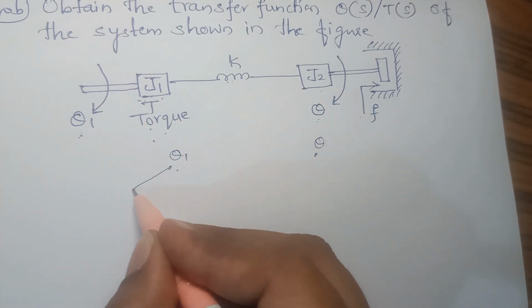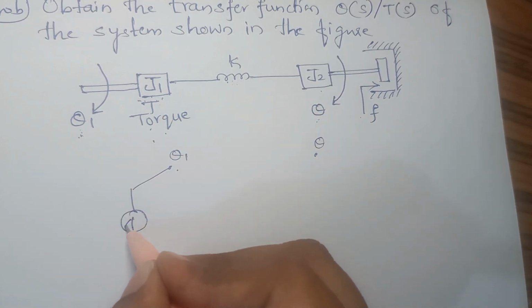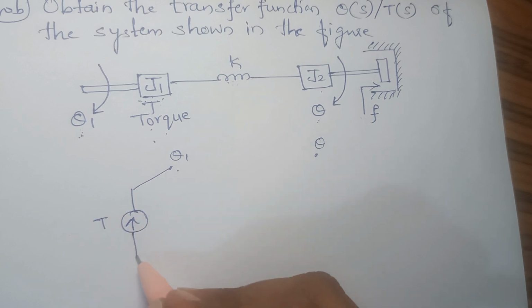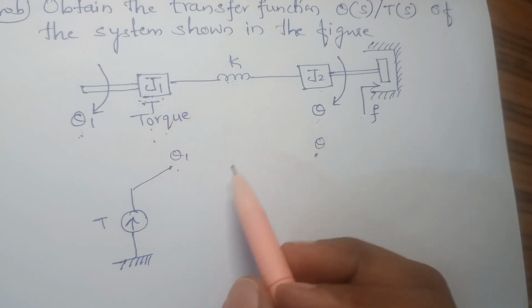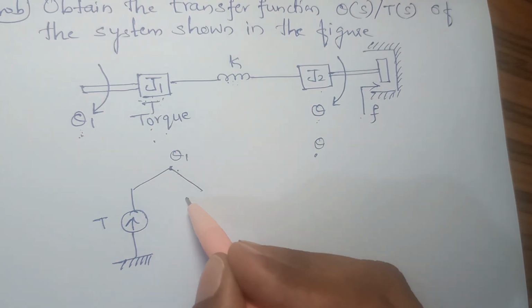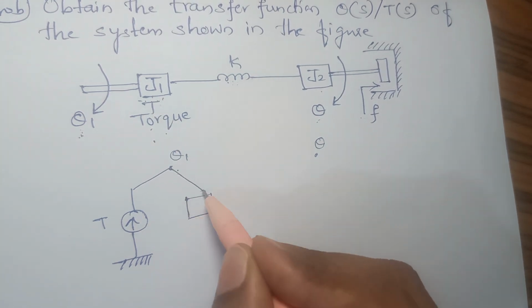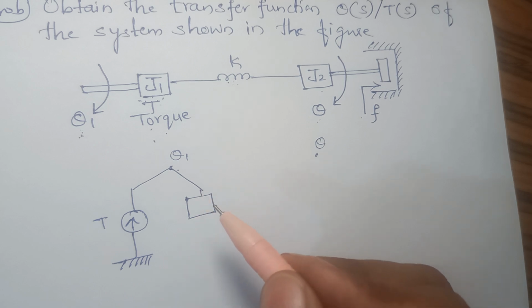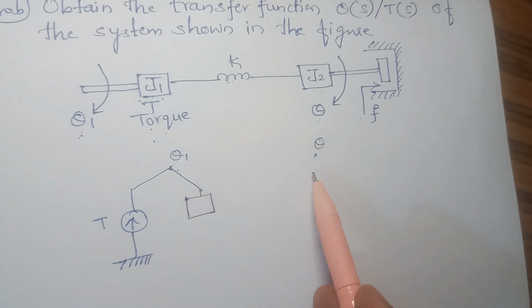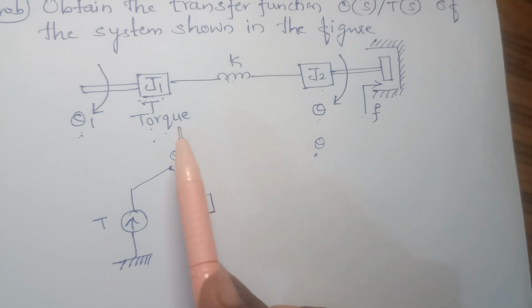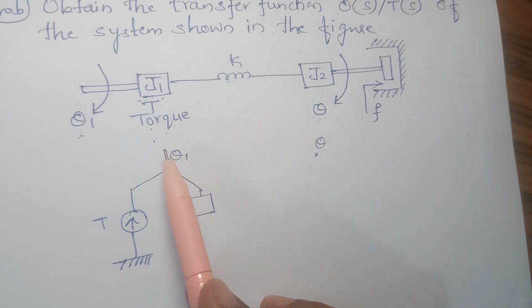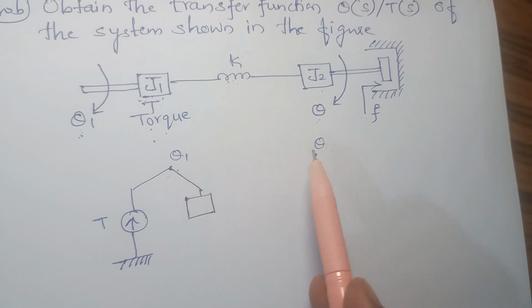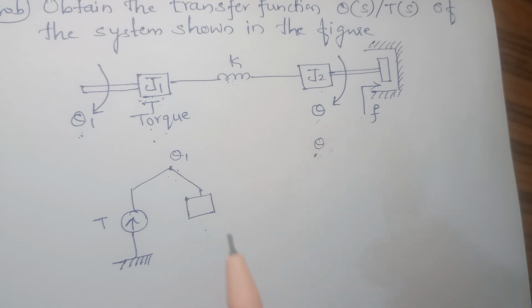First you have your torque T under the influence of theta 1, then you get J1. Same as mass, the inertia J cannot be placed in between the two displacements. It can be under the influence of only one node.